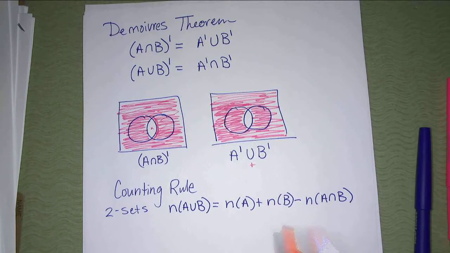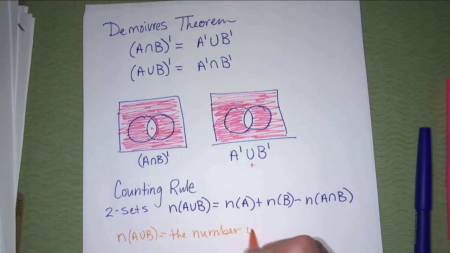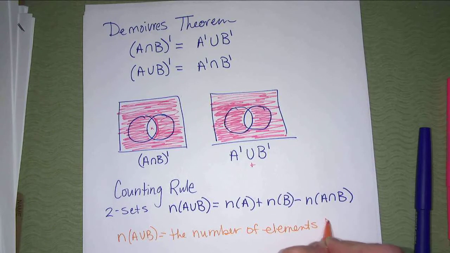So this is saying the number of elements in set A union B. All right, so that's this N in front with a bracket means the number of.